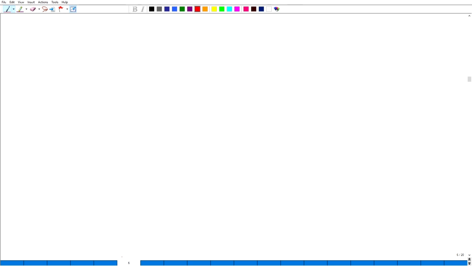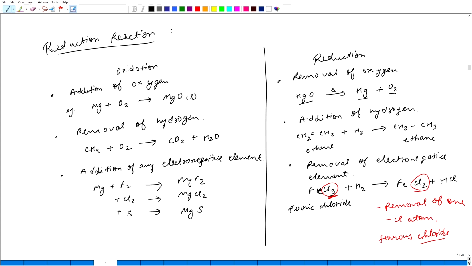Finally, what we have studied for oxidation and reduction. The fourth thing was addition of any electronegative element.